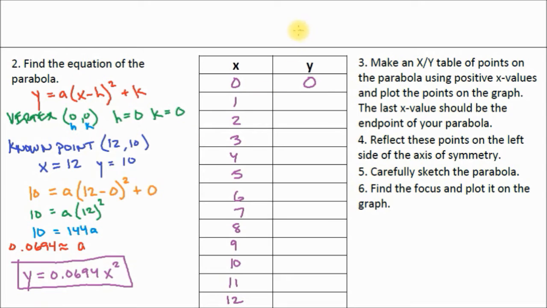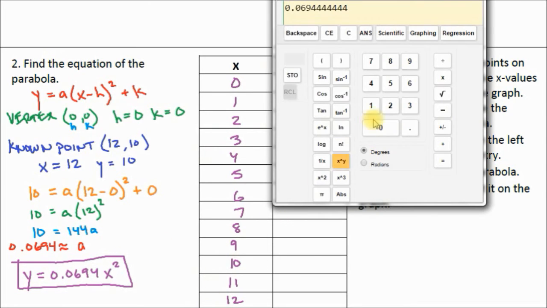I'm going to do the first couple of them on the calculator so you can see the process. So we're going to type in 0.0694 parentheses 1 close parentheses, and then we're going to square that and press equal. We get 0.0694. We're going to round that, class, to 1 decimal because that's as accurate as I can graph.